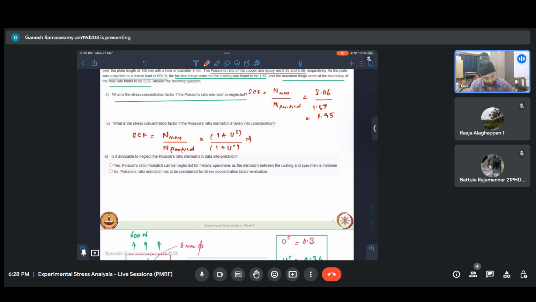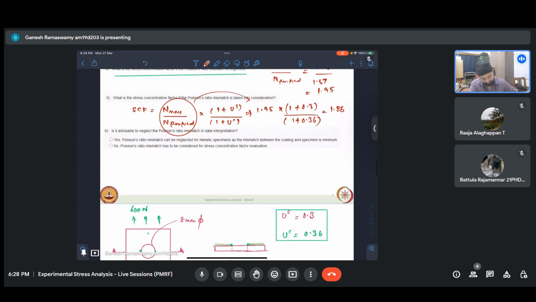So if that be the case, we already know that this quantity is nothing but 1.95. It is 1.95 into 1 plus 0.3 by 1 plus 0.36. So this comes out to be 1.3 by 1.36. Comes out to be 1.86.